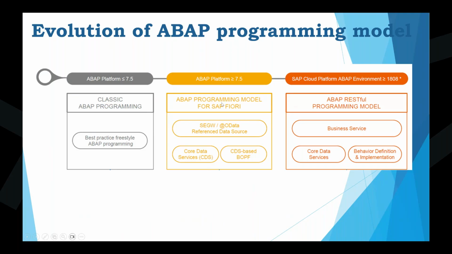This approach we call the ABAP programming model for Fiori. Then, if your SAP system is on-premises and greater than or equal to S4 HANA 1909, you can develop RAP applications in the on-premises system. And in BTP, by default, you can develop RAP applications.